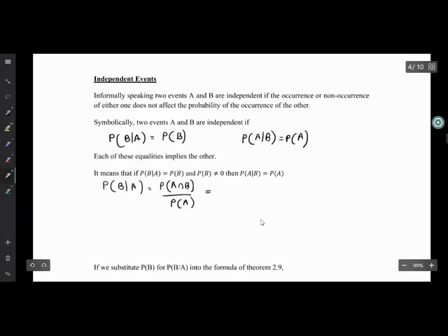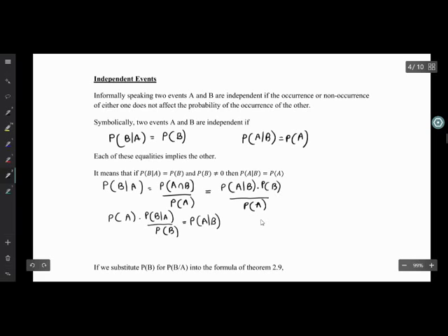We can write A intersection B again as P(A given B) times P(B), divided by P(A). Now we get P(A) times P(B given A), or P(B), as P(A given B).